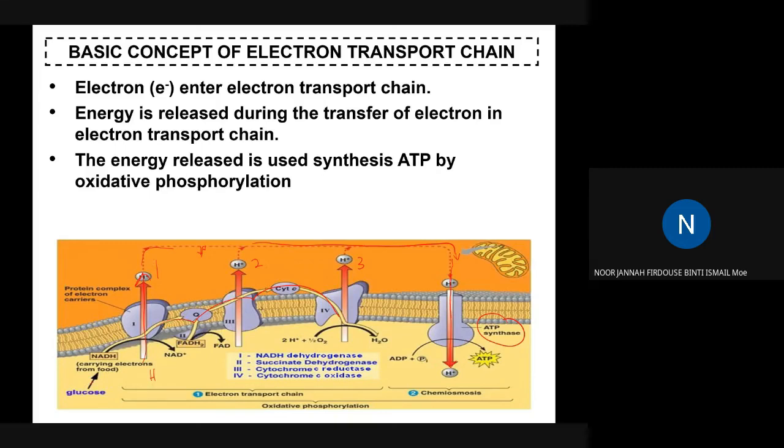Tapi semasa dia lalu ni, ATP synthase is very special sebab dia mampu menggunakan perjalanan hidrogen ion tu untuk menghasilkan tenaga mengikat fosfat inorganik. Fosfat ni ada dalam matriks, diikat kepada ADP membentuk ATP. Okay, membentuk ATP. Jadi maksudnya kat sini ATP synthase bukannya part of ETC, tapi dia adalah enzim yang menghasilkan ATP.